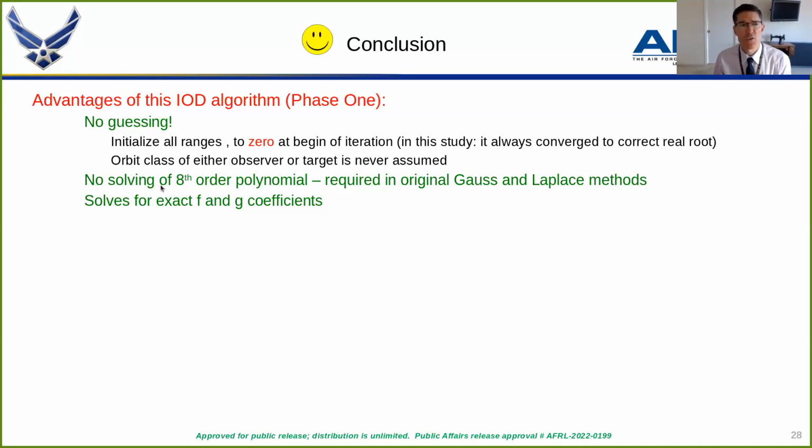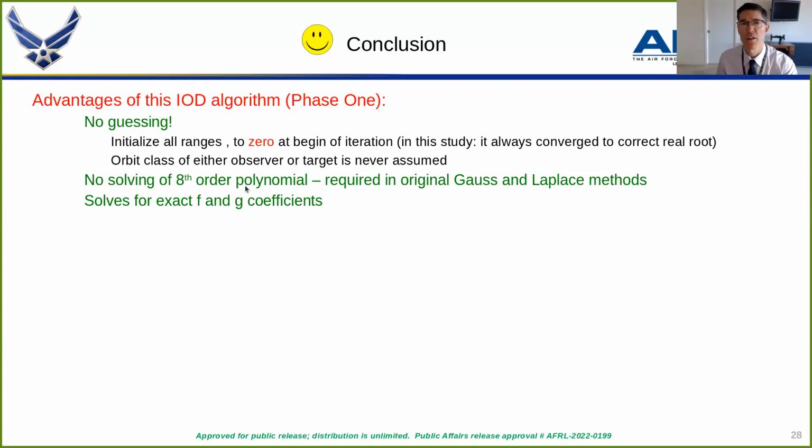Also, I want to mention that there's no solving of the eighth order polynomial as required in the original traditional Gauss. This no solving of the eighth order polynomial and guessing at zero was a method invented by Paul Herget back in the late 40s, and then Mortari at Texas A&M developed that and made it very useful and reliable.